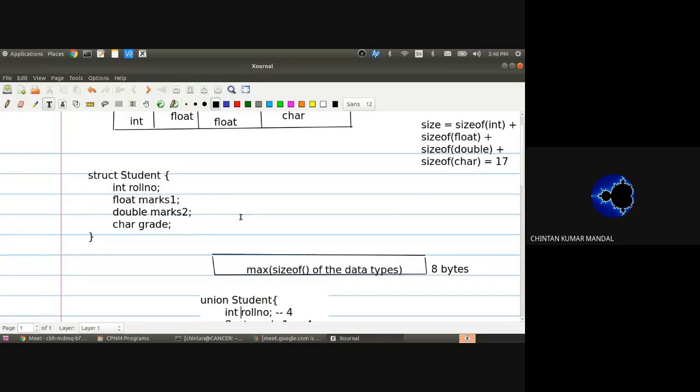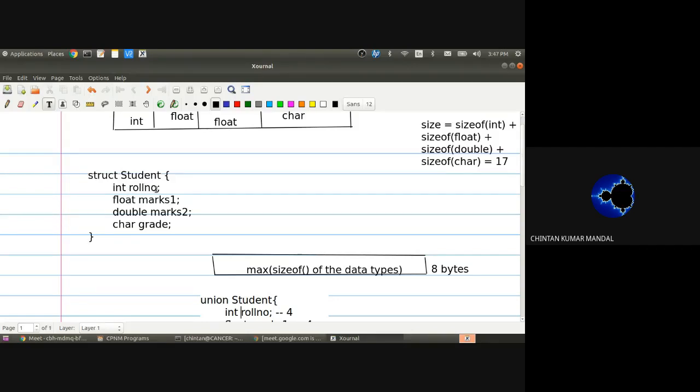So when do I use a union and when do I use a struct? A struct can be used when I want to keep a sort of database where all my values, all my sub data types are available. So student is actually a derived data type, and int is a basic data type, float is a basic data type.